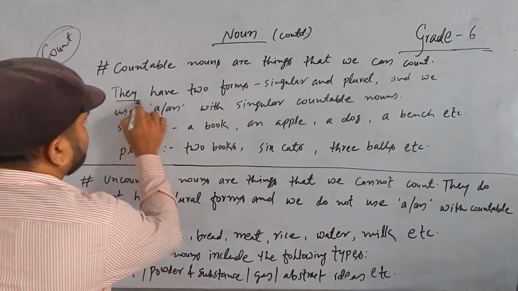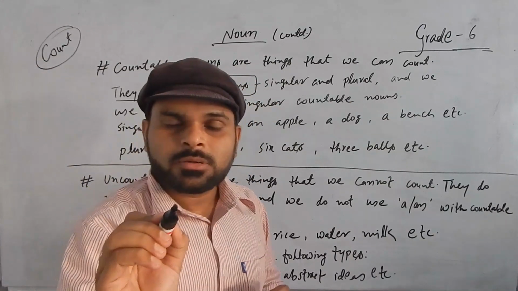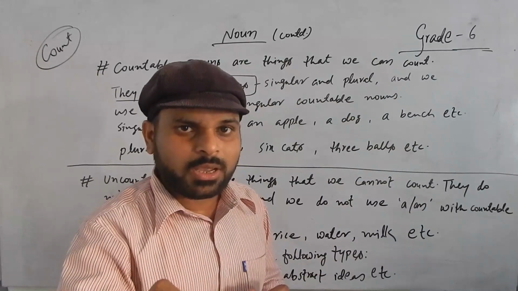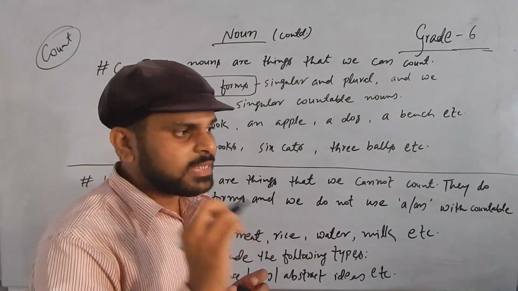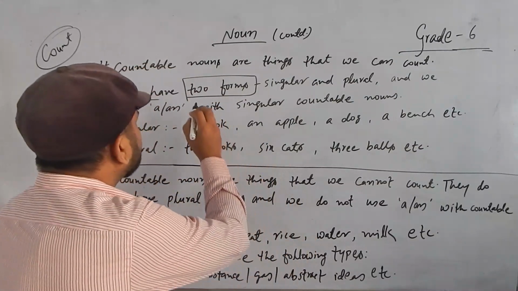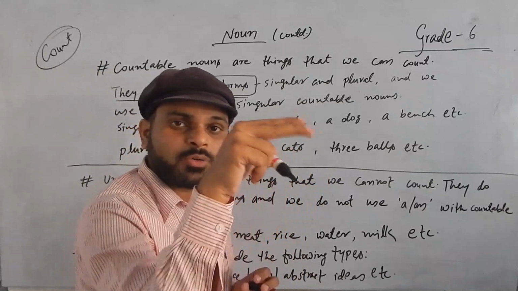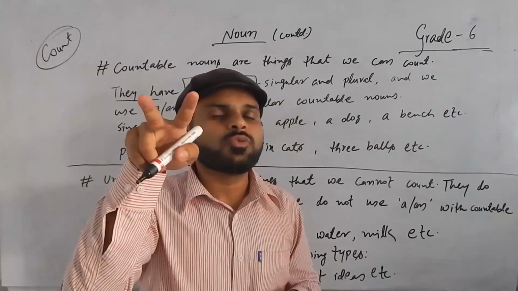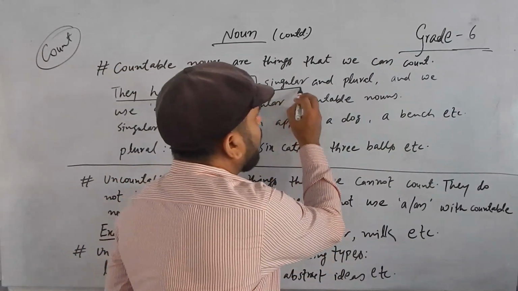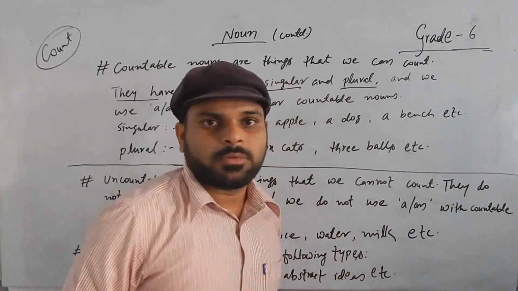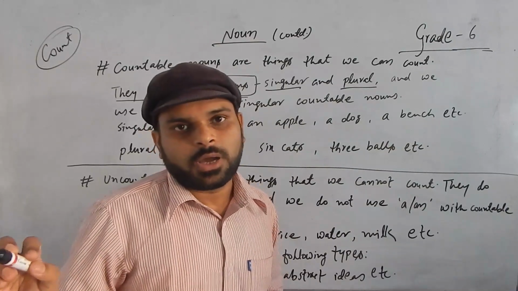Countable nouns also have 2 forms. What are they? Singular and plural. Singular countable noun and plural countable noun.